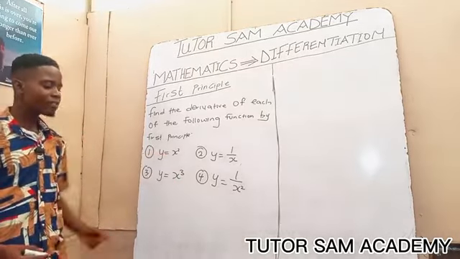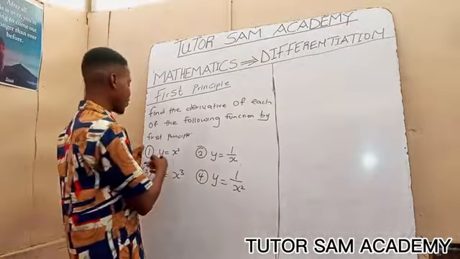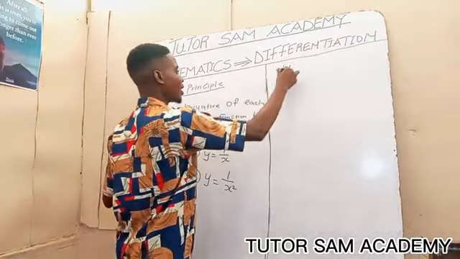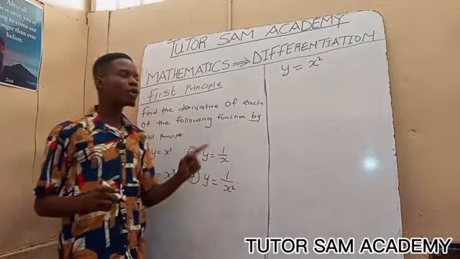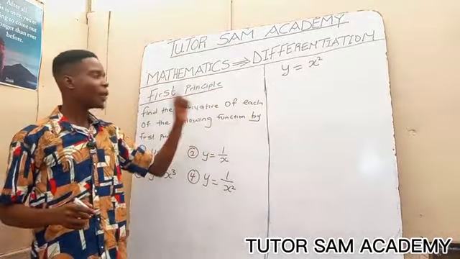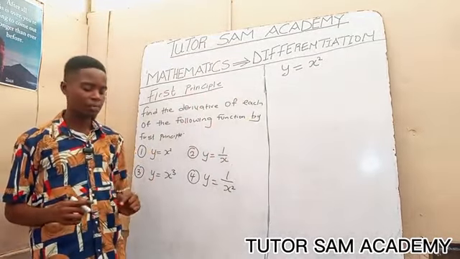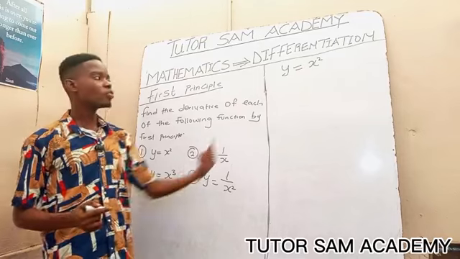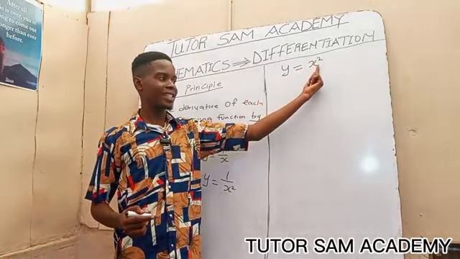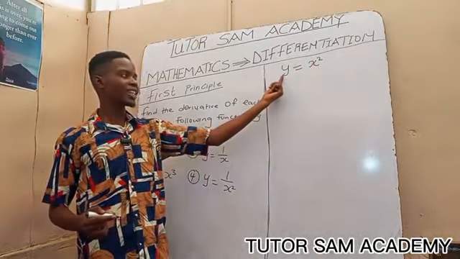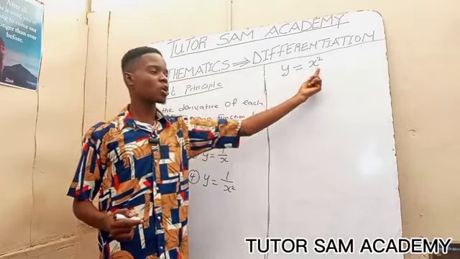So let's start. Using first principle, let's say we have the first question, y is equal to x squared. Follow me carefully on this method of first principle. How do you differentiate using the first principle? The first step is to increase y and increase x. That is, if y is increasing, x also should increase.